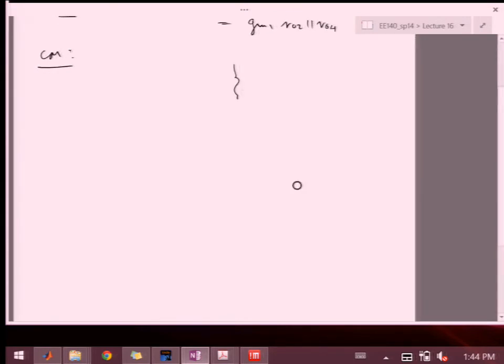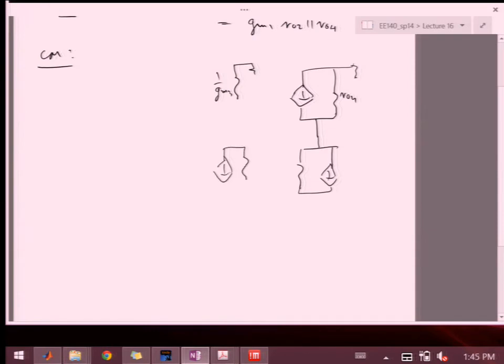So I'll have my 1 over GM3, RO4, and then I have the two inputs that are each VIC.